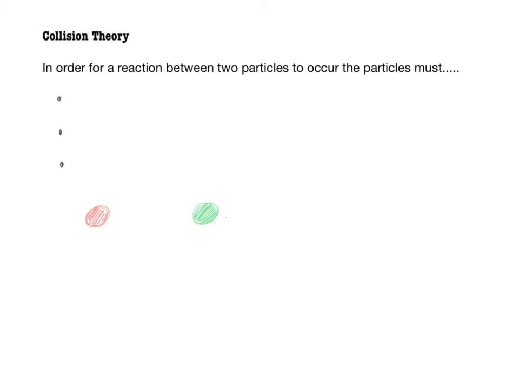Well, if these two things are going to react together, they have to collide with each other. So they need to hit each other. In order for a reaction between two particles to occur, the particles must collide. Which, if you think about it, you probably got a clue from the fact that this is called collision theory.